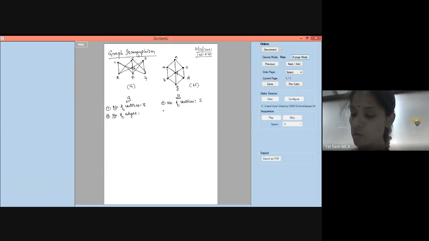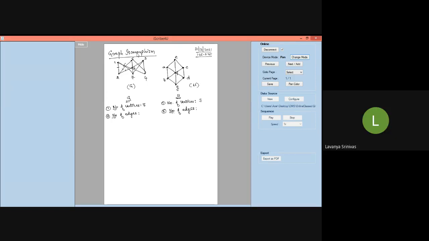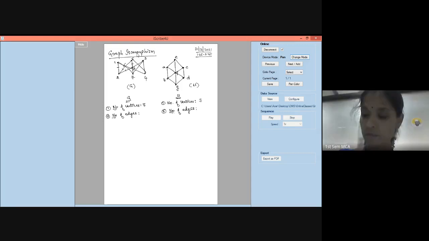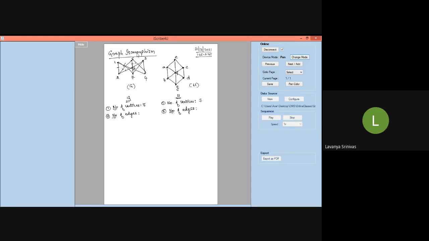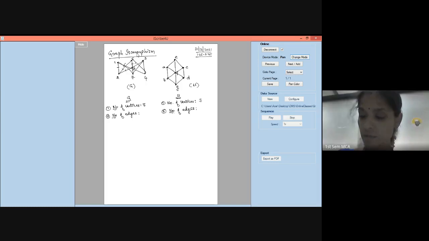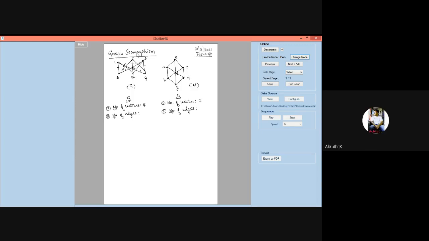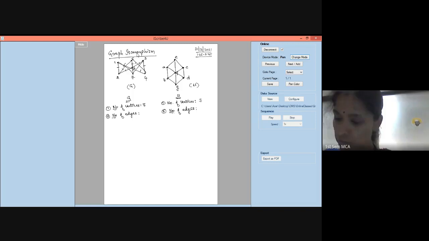Next we'll go on to the number of edges. So find out the number of edges. Count the edges properly. This is 1, 2, 3, 4, 5, 6, 7. How much did you all get? 12.